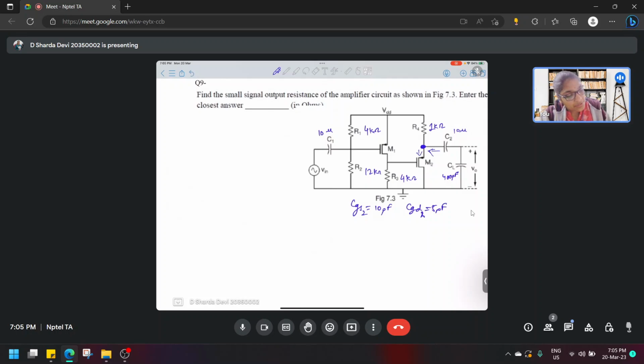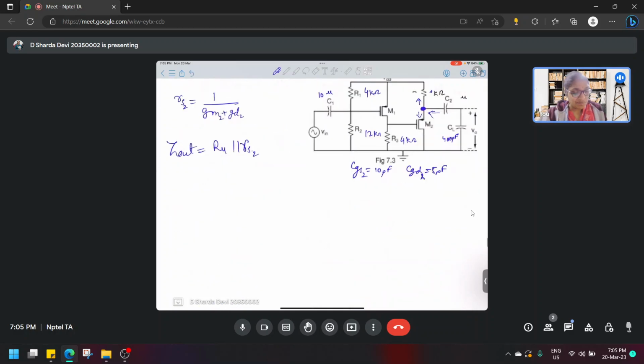And source terminal, what is the RS or intrinsic resistance that we have for source? It is 1 by Gm plus G2. So here will be 1 by Gm2 plus G2, right? And here we have R4. So actually Z out is R4 parallel to small rs 2 because that is for second transistor.